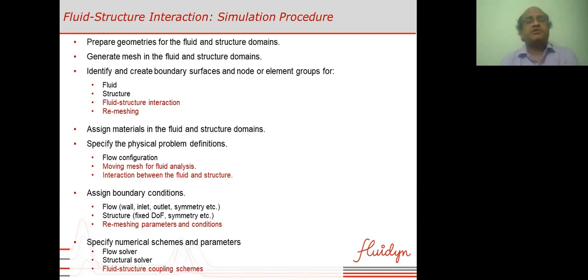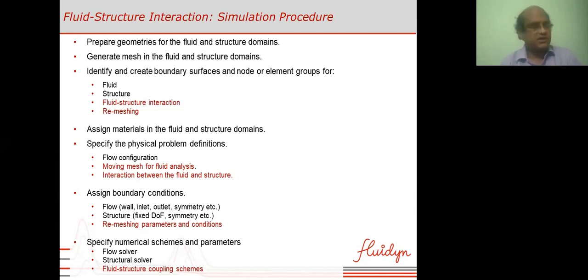Then the next process normally is, after preparing the geometries and creating the mesh, you normally create the boundary surfaces and specify the boundary conditions. So at that time, you may have to specify that this particular surface is a fluid structure interface. And also, the user may have to activate the remeshing capabilities.